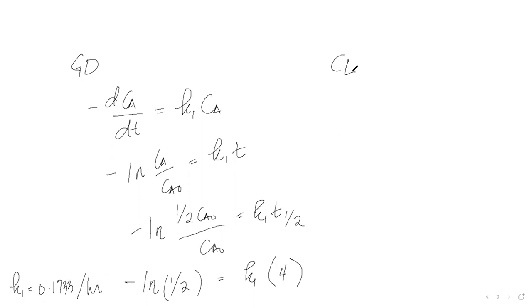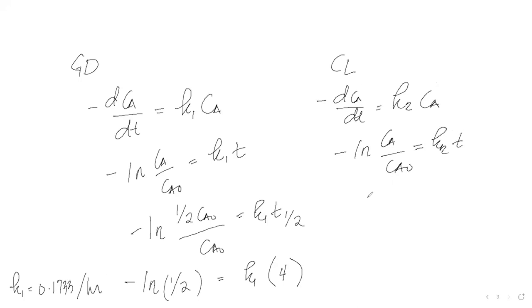So for Chak Alak, the same thing. So I will not anymore write this one. Or better, we can also have it like that. But this time you use K sub 2 CA. And you still have ln of CA over CAO. And this becomes K sub 2 T. And I'll have a shortcut here.